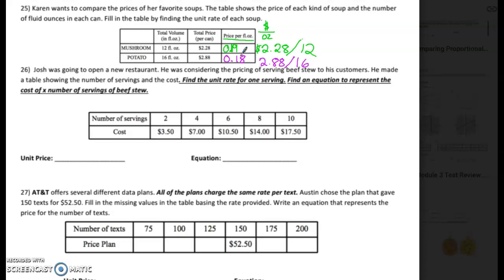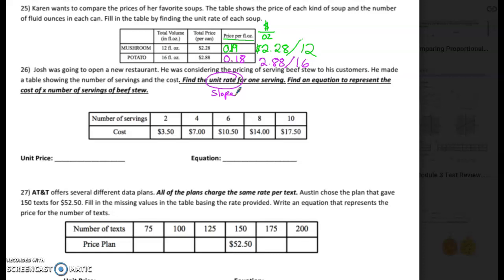Now let's look at number 26. We have Josh opening a restaurant, and he's looking at the price for the beef stew. We need to look at our table. We have to find the unit rate or the slope for one serving, and then we need to find an equation to represent that.